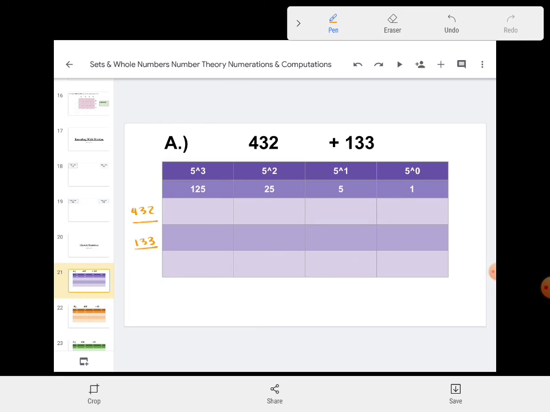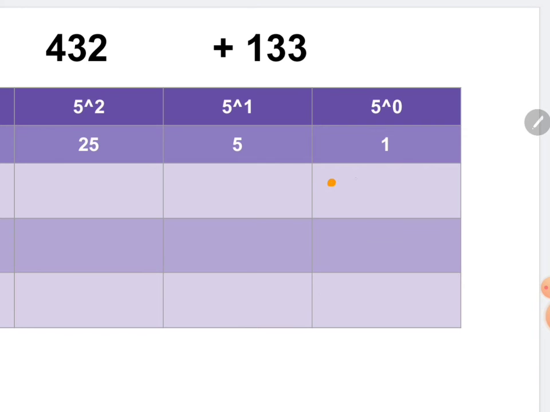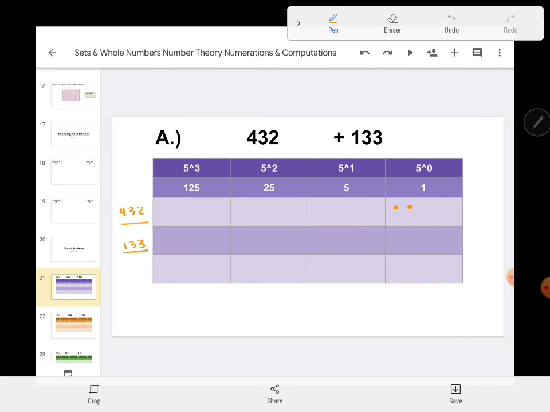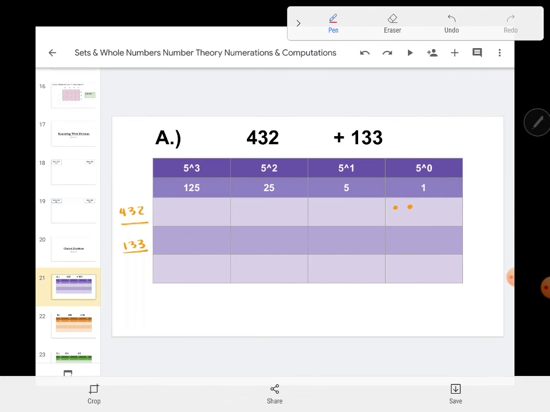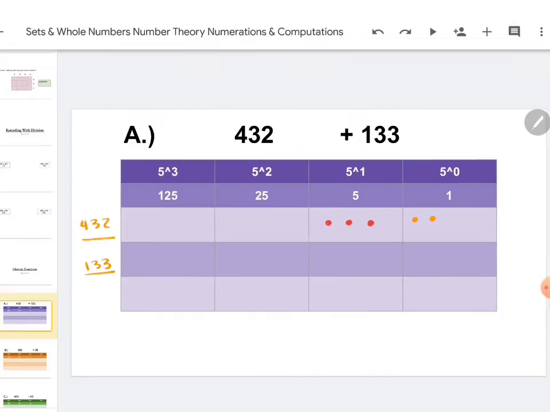So what we are going to do to solve for this problem is we are actually going to put 2 dots right there, and that will represent our 2. Now for our next one, in our 10th place in 432, we have 3. So we are going to have 1, 2, 3 dots.